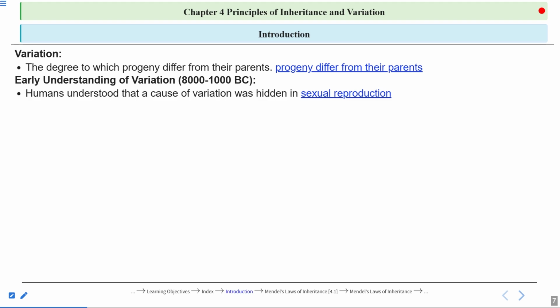They used to just observe that the children are different from their parents. They don't look like their parents. Although they have some similarities, they are not the same. Okay, there are some differences.